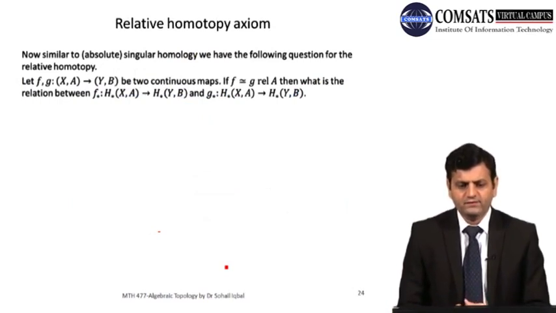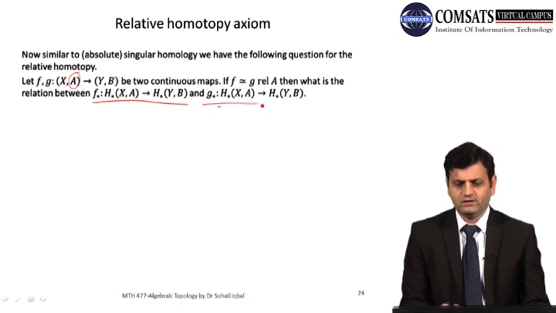So if we have two continuous maps between these two topological pairs, and if these two functions are relatively homotopic, relative to this space A, then what is the relationship between f lower star and g lower star?